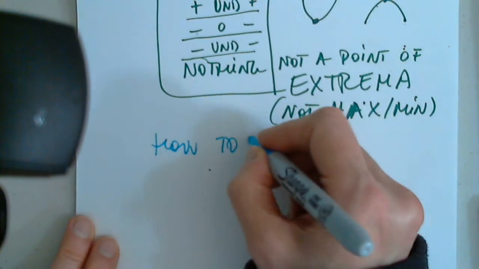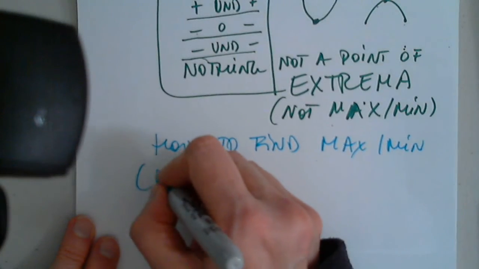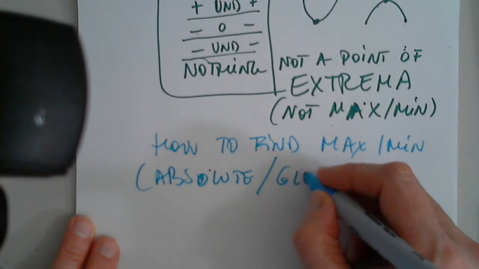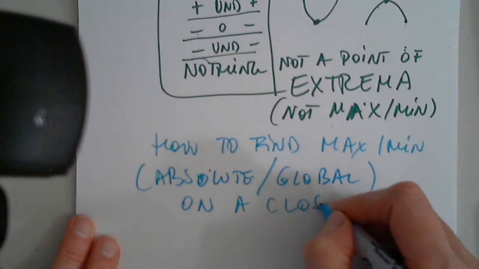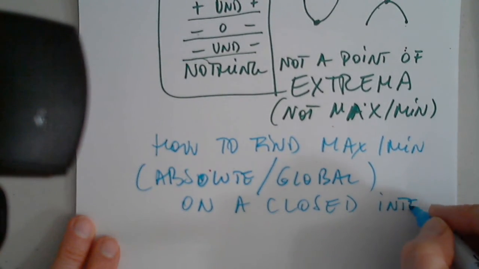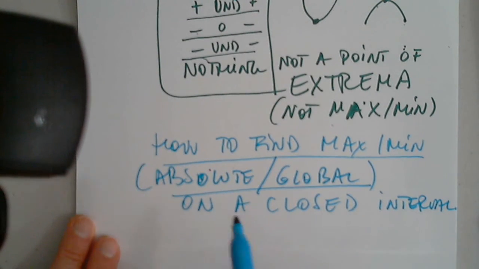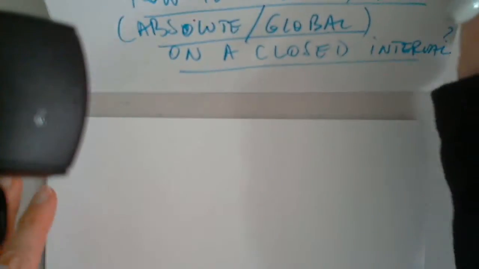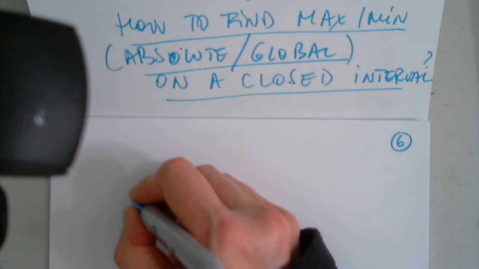How to find max min, specifically absolute, also called global max min, on a closed interval. So let's talk about the following function.